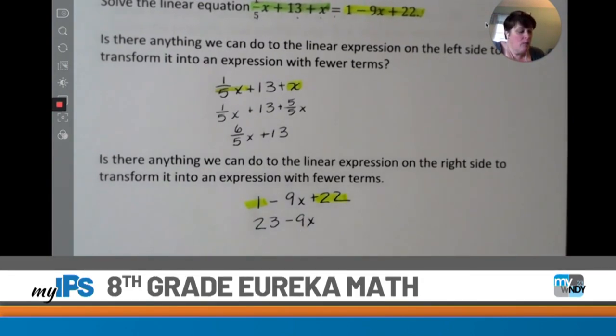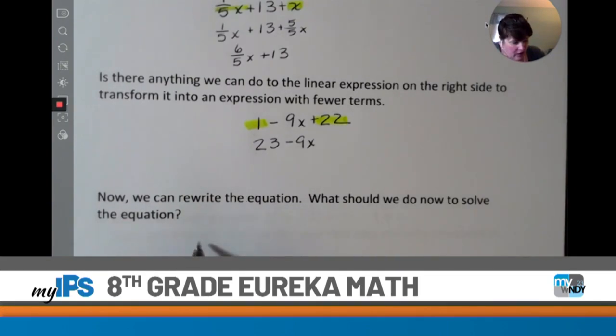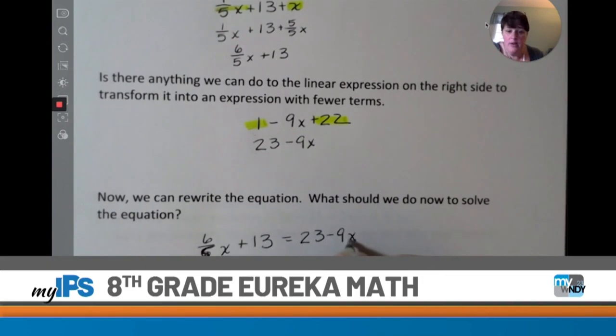Now can we rewrite the equation? What should we do now to solve this equation? We have 6/5 x plus 13 on the left-hand side, and we have 23 minus 9x on the right-hand side.